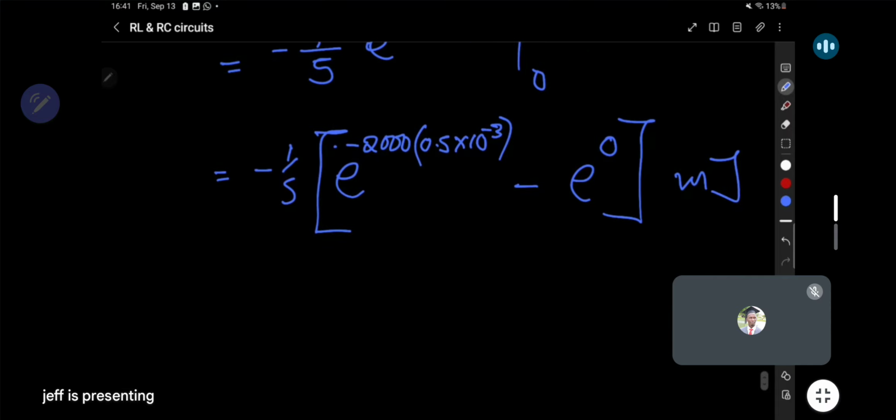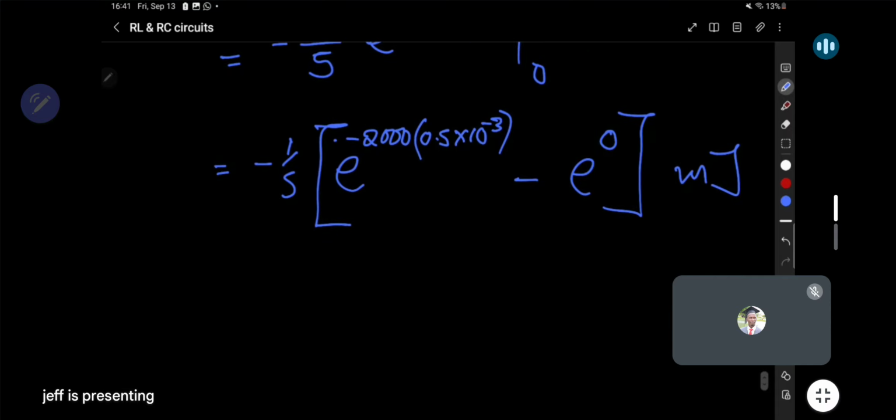e to the power 0 is just 1. I'm just focusing on the first part there, minus 1 over 5. 0.5 times 2,000 will be minus 1,000. Then minus 1,000 is multiplying 10 to the minus 3. 10 to the minus 3 will cancel the 1000.